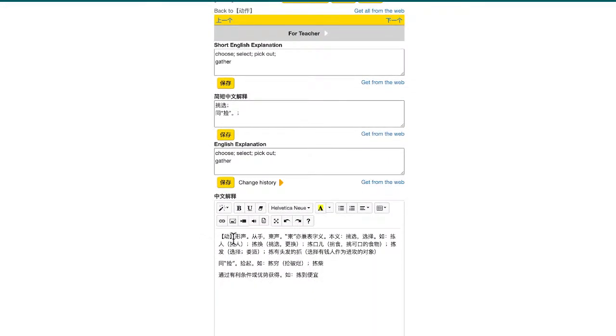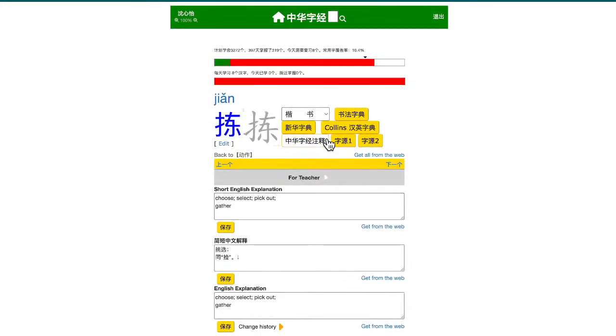捡到便宜, 捡. Let's take a look at that character. In the traditional character, the right hand side is the character of jian. Now this jian has the meaning of making a choice.